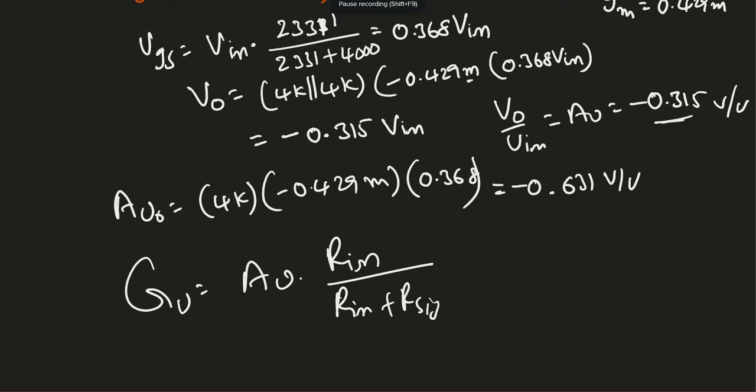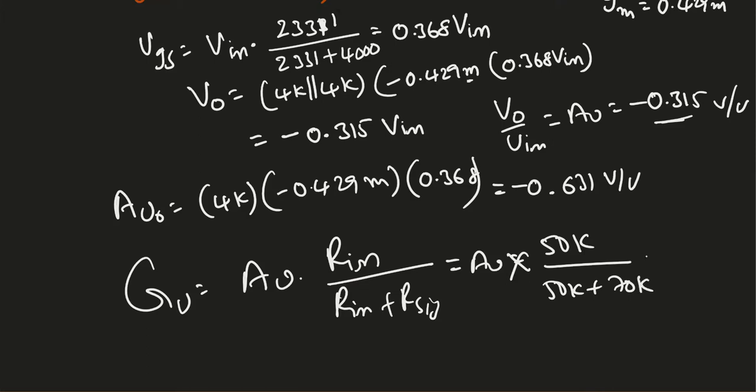So GV equal to, my R input is 50 kilo ohm, AV times 50K plus 20K, so it's 50 over 70 times AV.